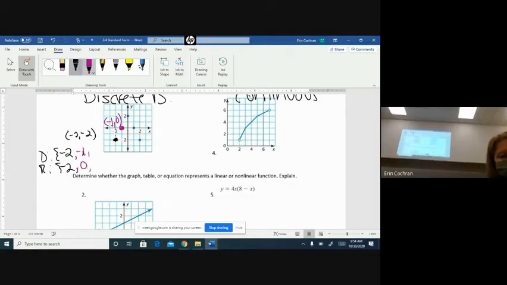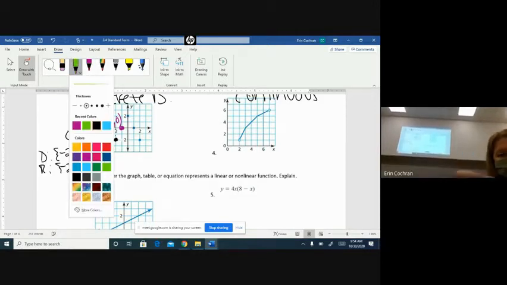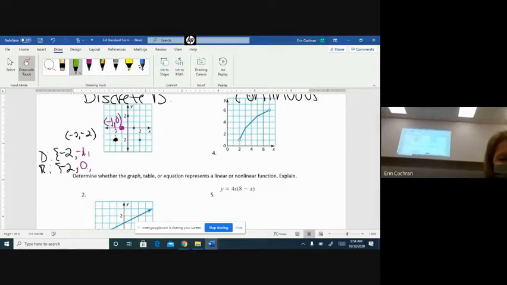Good. See, Jeremiah, what's this coordinate up here? Good, 0, 2. So my domain would be 0, and my range would be 2.